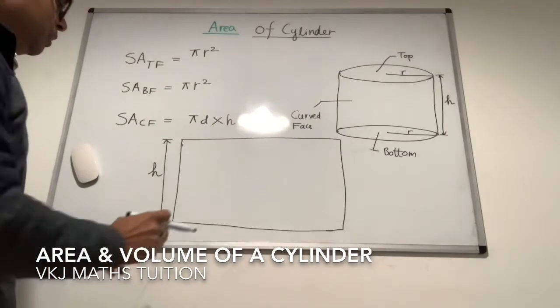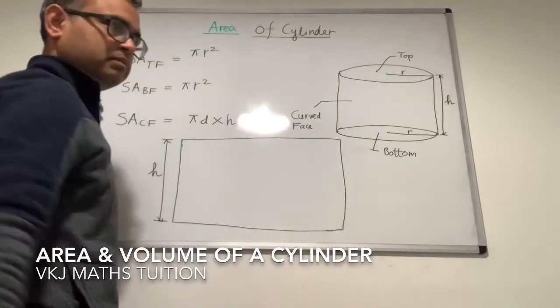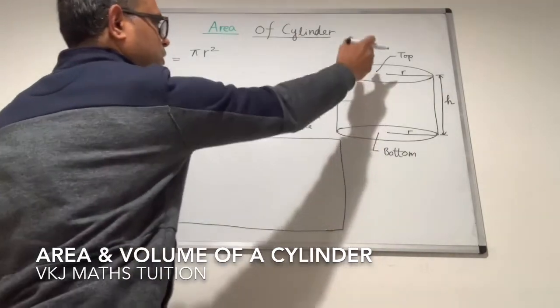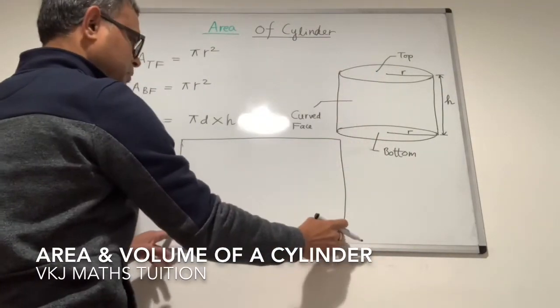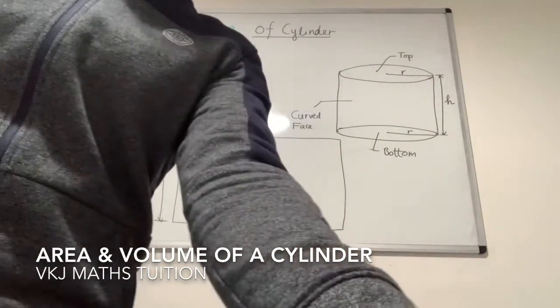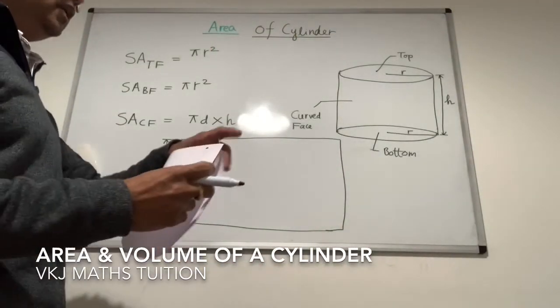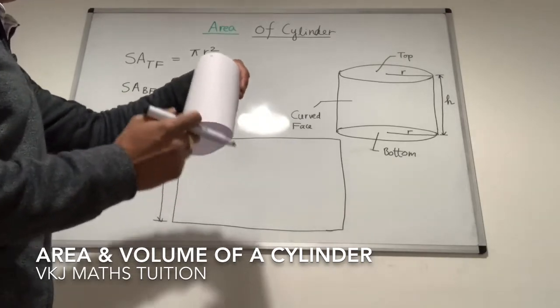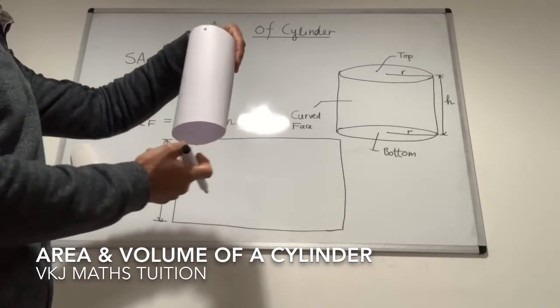And what would be this length? You cut open the cylinder. How would you find the length around it?